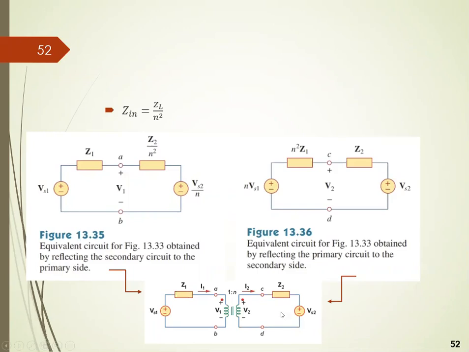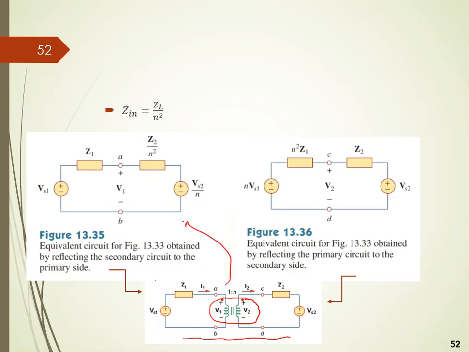And so the method says that we can analyze this transformer circuit by removing these two coils and joining the two circuits together. And that's what we have here, right?